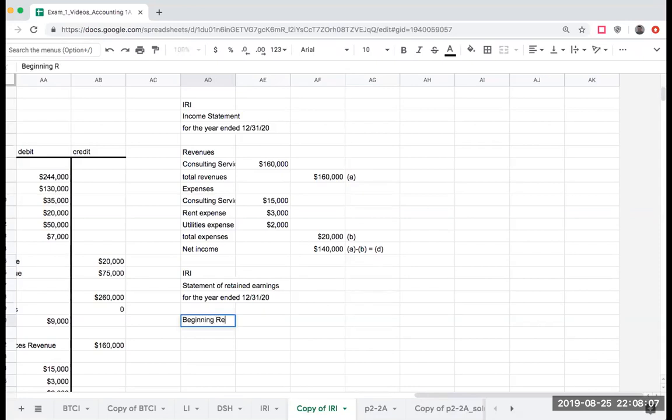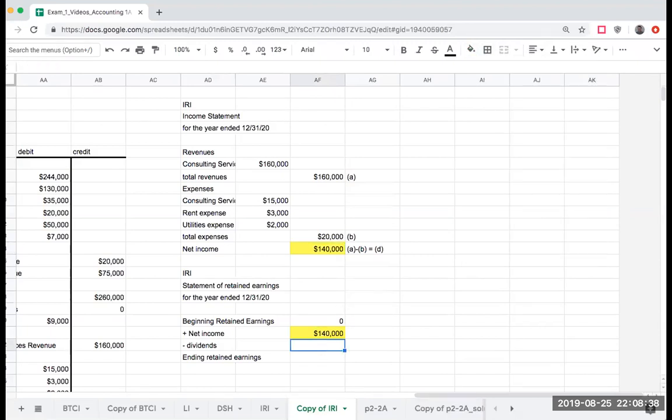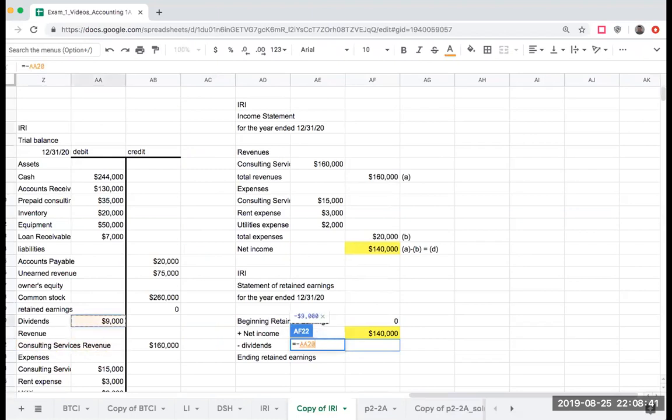It's going to be my beginning retained earnings plus my net income, then minus my dividends, and that gives me my ending retained earnings. So my beginning retained earnings will be 0. My net income is what I computed up here, $140,000. And then my dividends, $9,000. So my ending retained earnings are going to be $131,000.